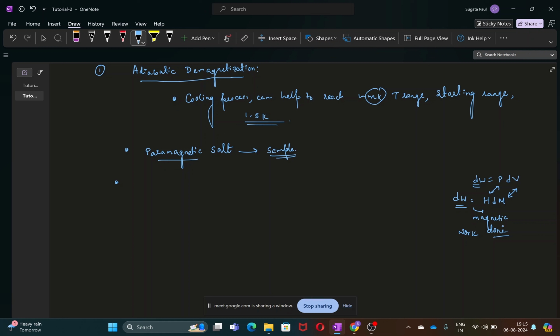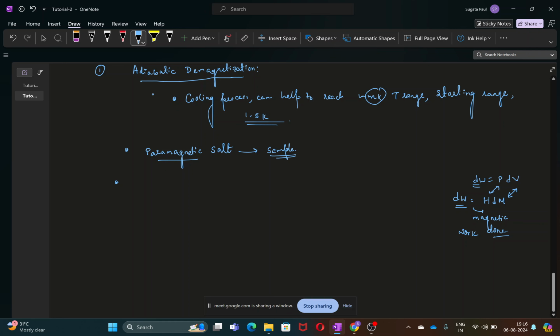So you force the system to do a magnetic work. You set up the configuration so that the system does magnetic work, and to compensate that work done, the system's internal energy changes. The system's internal energy decreases, or in other terms the system cools down, when it is forced to do magnetic work, and the work is compensated by the system's internal energy, because the process is adiabatic.